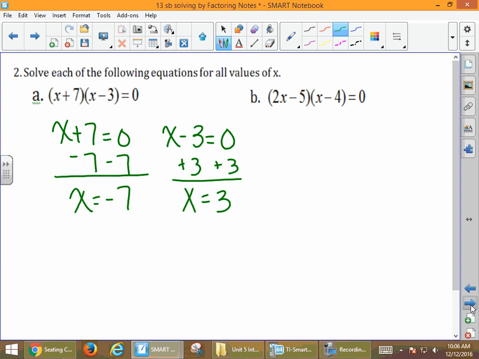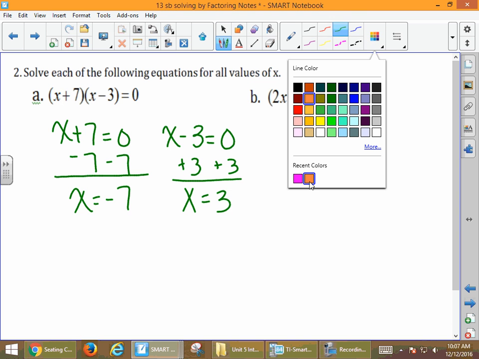The zero product law says that either x equals -7 or x equals 3, or they both solve that equation. At least one of them solves it.